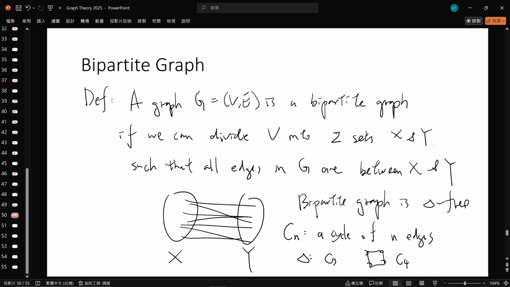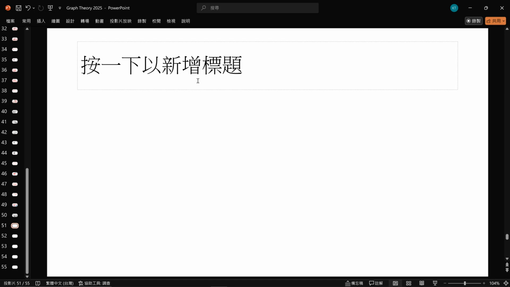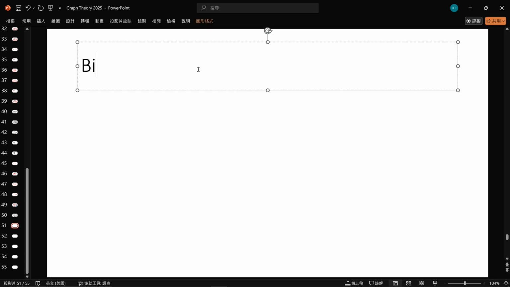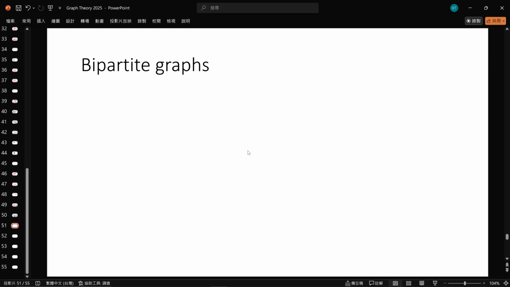So can we have a C5, a cycle of 5 edges, in a bipartite graph? This is C5, okay? Is it possible to have a bipartite graph which contains C5 as its subgraph?